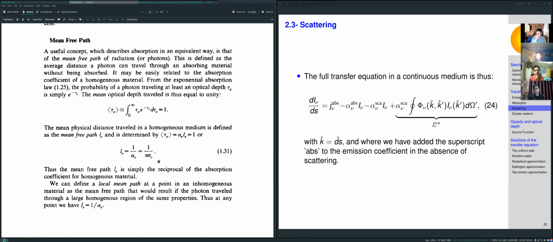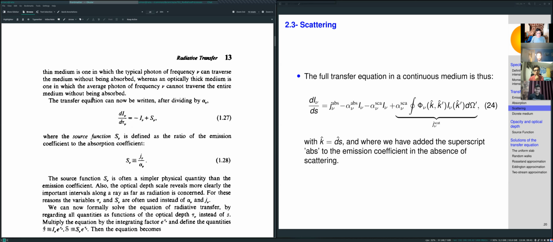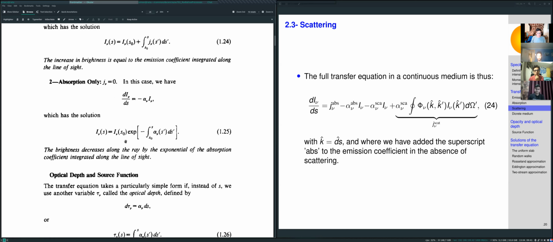Yes. There's a very important aspect here, which is the connection with the probability of absorption. Here we are pointed to equation 1.25. That would be the intensity at coordinate S as a function of the incident intensity times the exponential of minus tau.